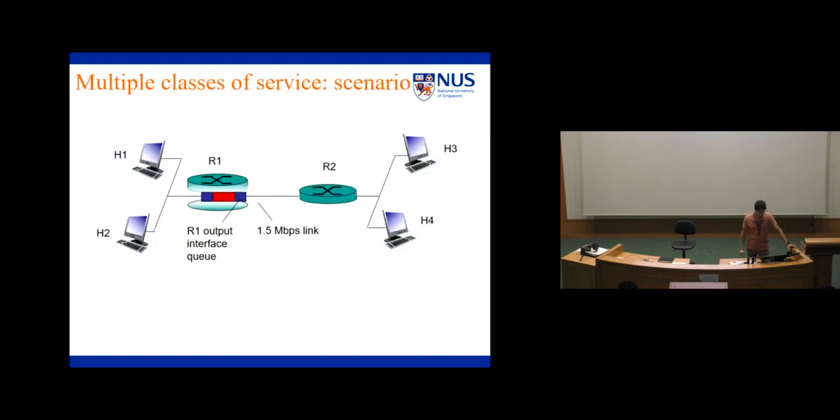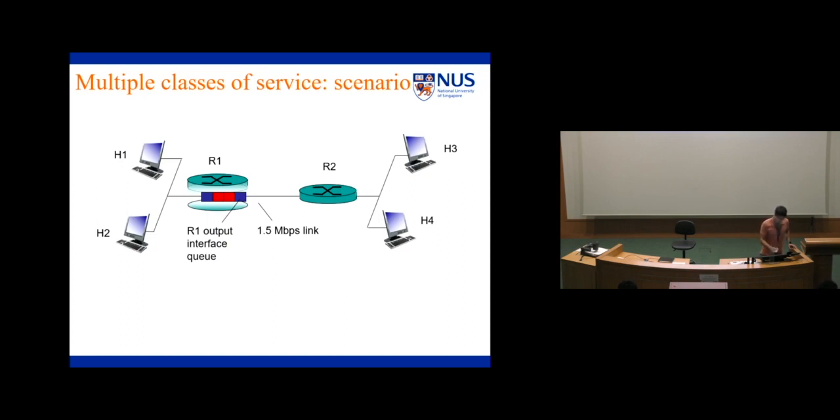All right. So now let's see an example. And from there on, using the same example, we'll be deriving some insights as to what kind of mechanisms we should have in the network layer. Let's say we have 4 hosts, and host 1 is communicating with host 3, and host 2 is communicating with host 4.